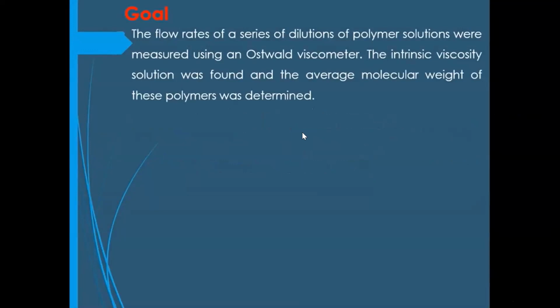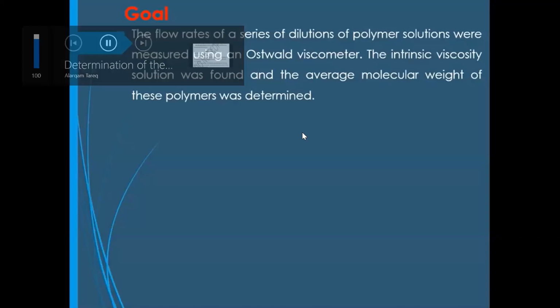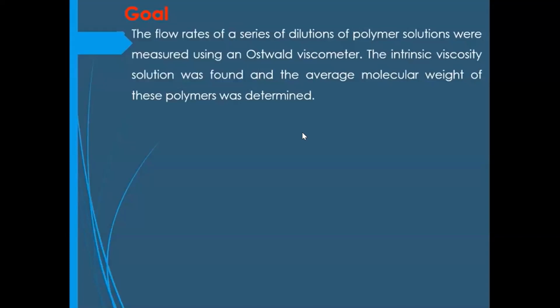And the intrinsic viscosity of the solution was found, and the average molecular weight of these polymers was determined. That means we will take many different viscosities and calculate them, then use these viscosities to calculate the molecular weight of polymers.